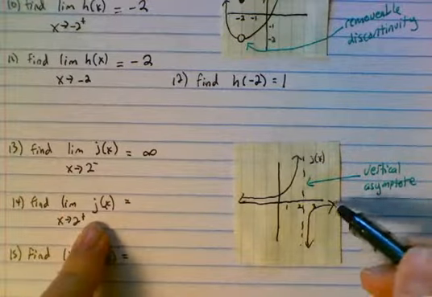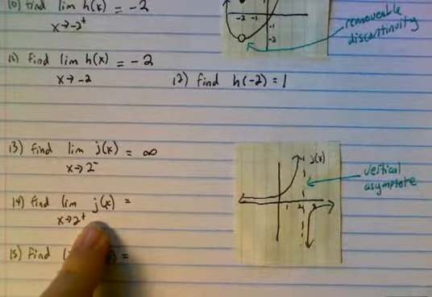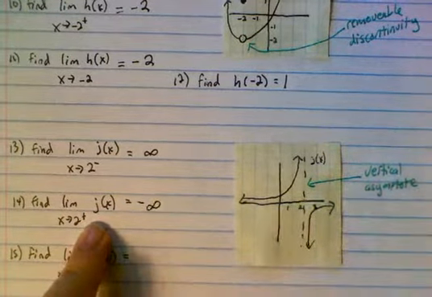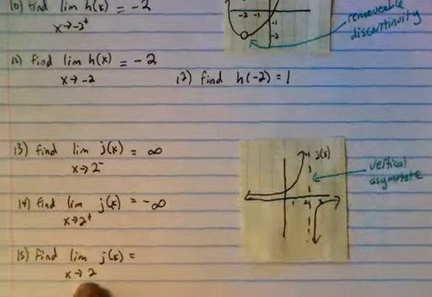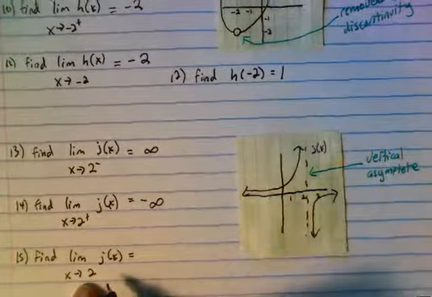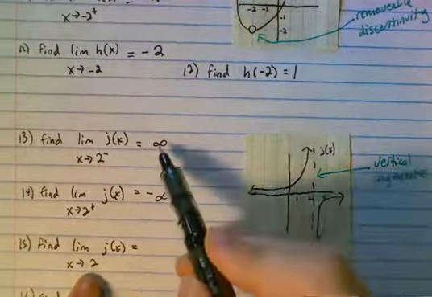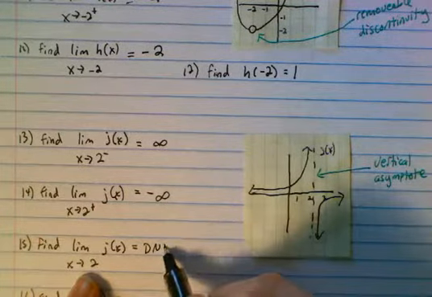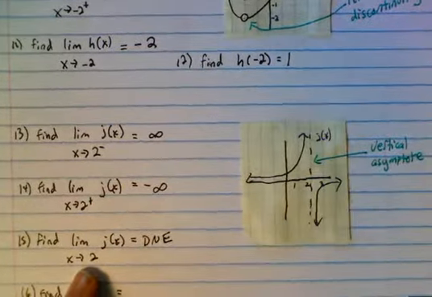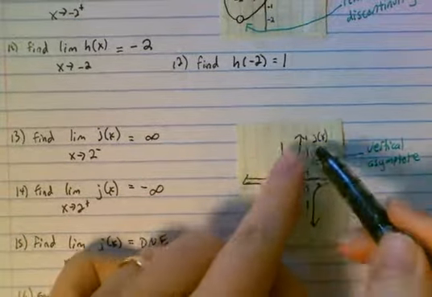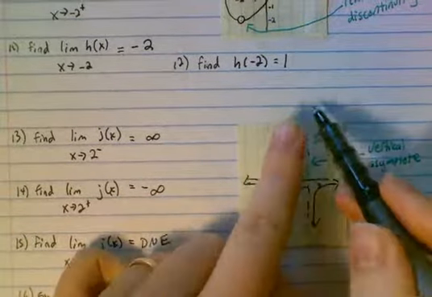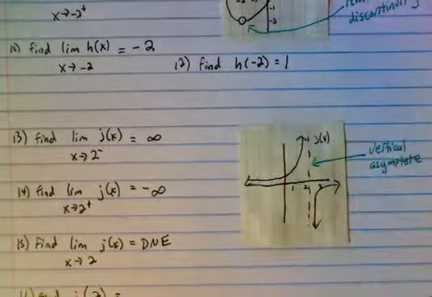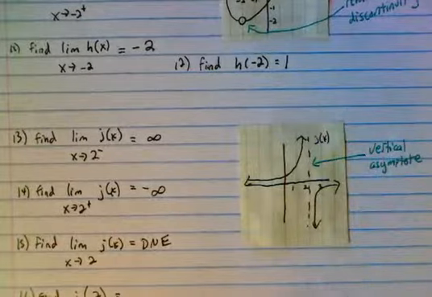And as we're approaching from the right, we're forced down, down, down, down, down forever. That's negative infinity. Same thing though, these have to match. They have to match exactly in order for us to have an overall limit. Positive infinity and negative infinity are not the same thing, so that limit does not exist. If both of these curves went up on either side, which does sometimes happen, then we would have an overall limit. But in this case, we don't.